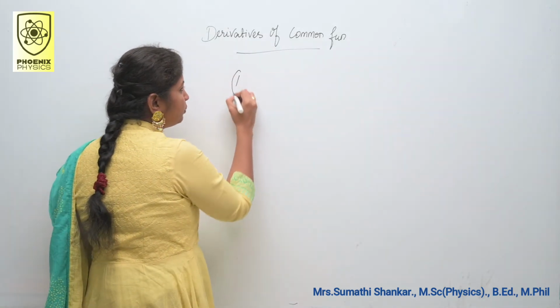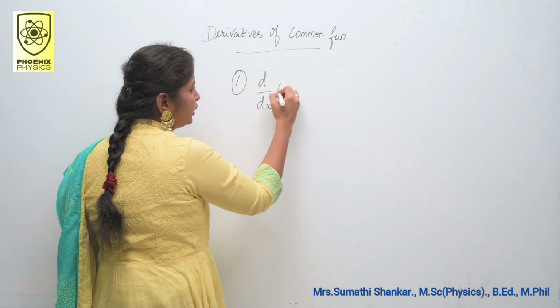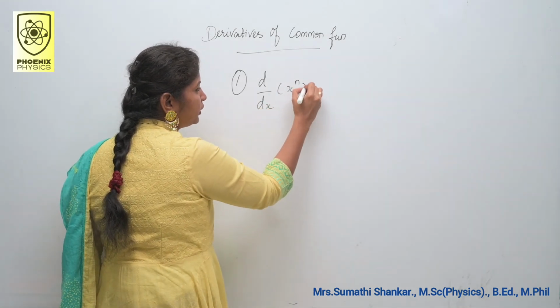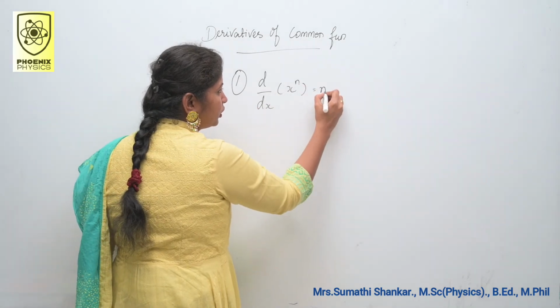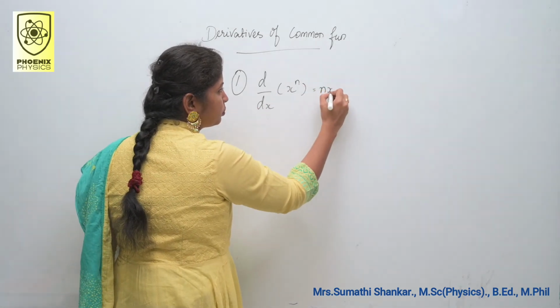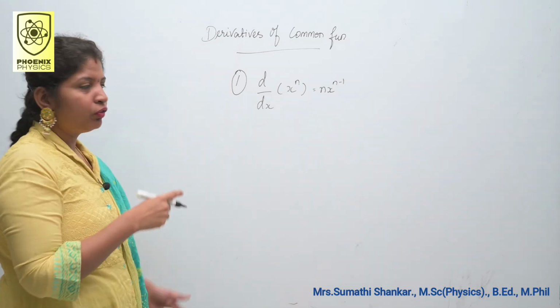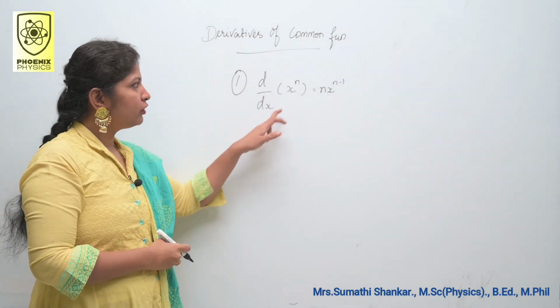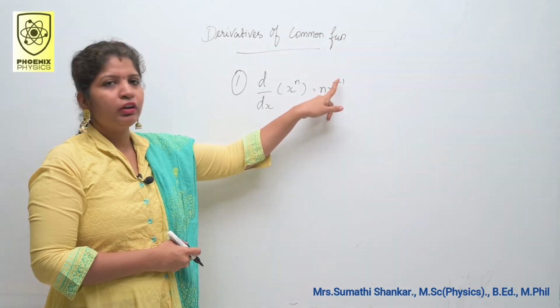So the first important point is d by dx of x to the power n is equal to, bring this power down like this, n x power n minus 1. This is a very important formula. d by dx of x to the power n is equal to n into x power n minus 1.